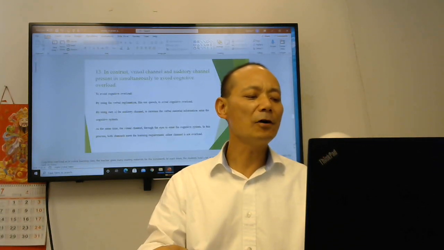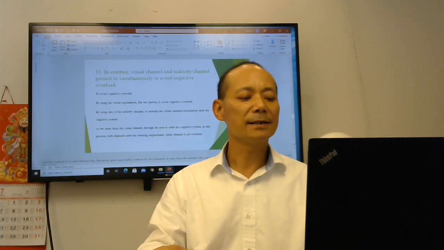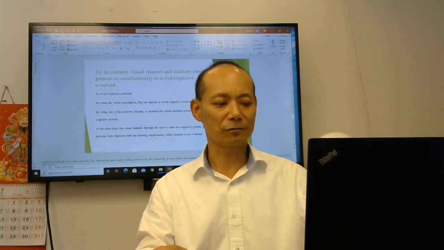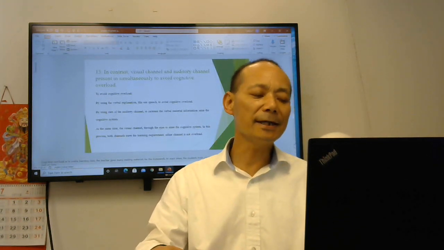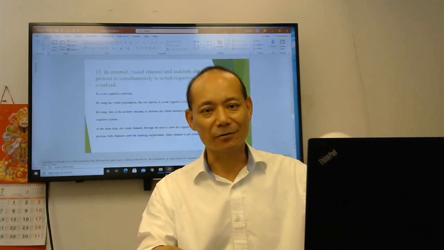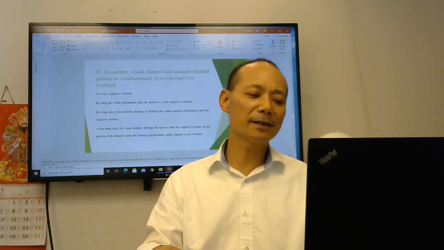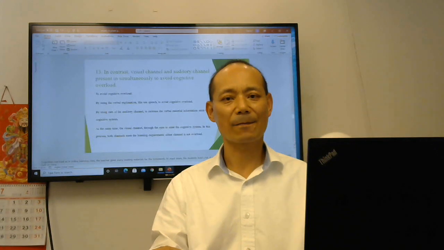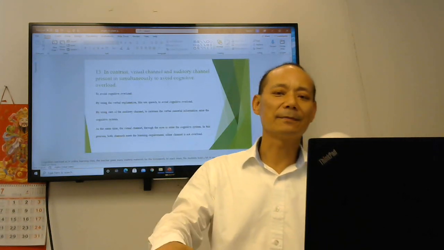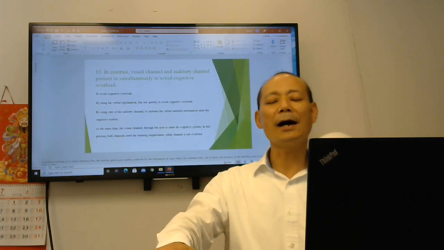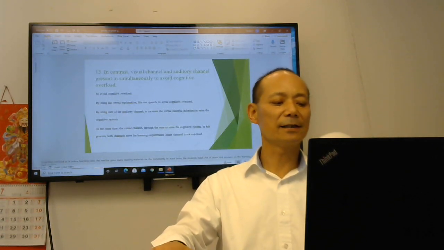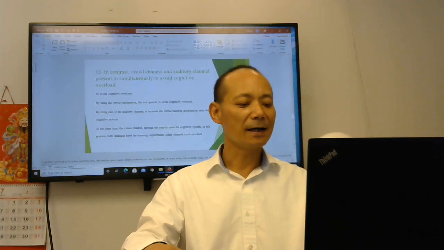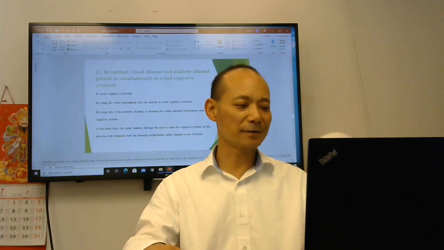By using verbal explanation, like speech, the ear and auditory channel increase the verbal material entering the cognitive system. At the same time, the visual channel takes information through the eye into the cognitive system. In this process, both channels meet the learning requirements, and neither channel is overloaded.